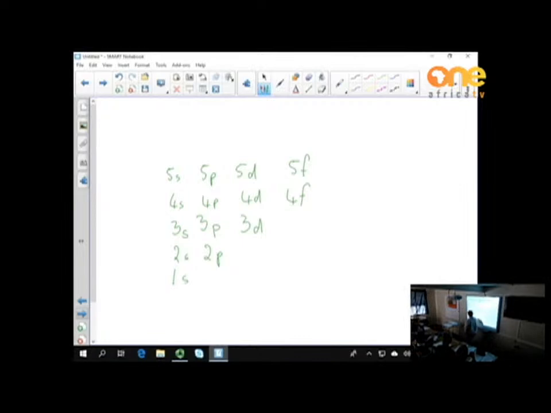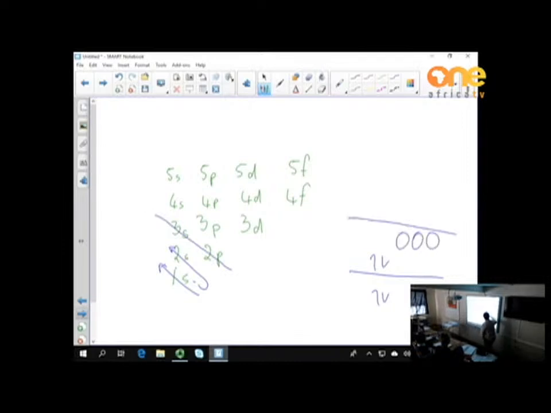Now the electrons go as follows. They fill first the S sublevel, then the next S sublevel. Have a look: 1, 2, 3, 4. Are you with me? Then 2P, 3S. Here are my 2P, and there's my 3S. Now here is the 3P, the 5 Ds, and the 4S.